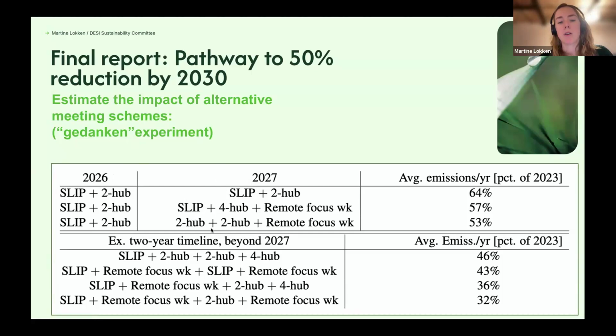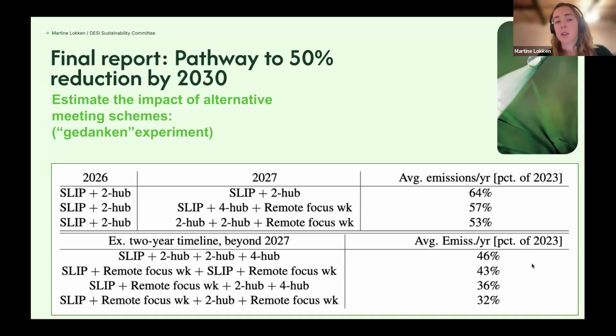Then either keep that one or move to a couple of hubs in 2027. And then over the 2 years beyond 2027, that would start to reduce even more, where we would potentially be combining just a single classic meeting in those 2 years with a combination of different types of meetings. And something like that could reduce the emissions quite significantly, which again, we need to do for the meetings, especially if those other categories aren't being reduced, because the meetings are a large fraction of it, but it's actually not everything.